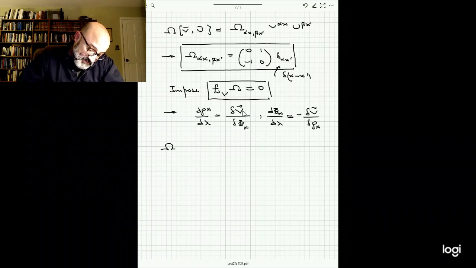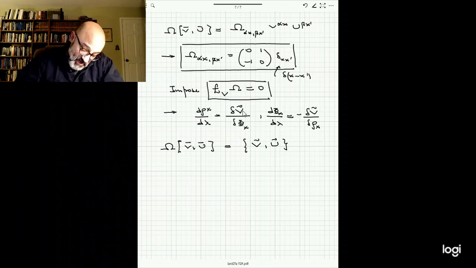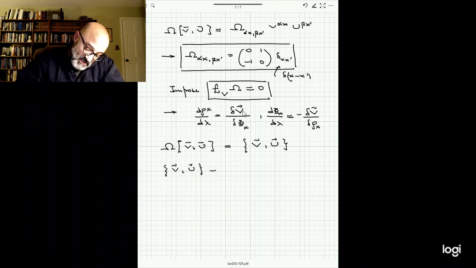The symplectic form applied to two vectors turns out to be the same as the Poisson brackets of the corresponding Hamiltonian functions, where the Poisson bracket of two functions is obtained by taking the derivative of the first with respect to the coordinate, the derivative of the second with respect to the momentum, minus, do it the opposite way, and now we sum over all the indices.